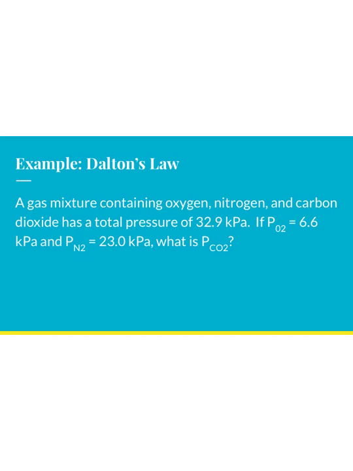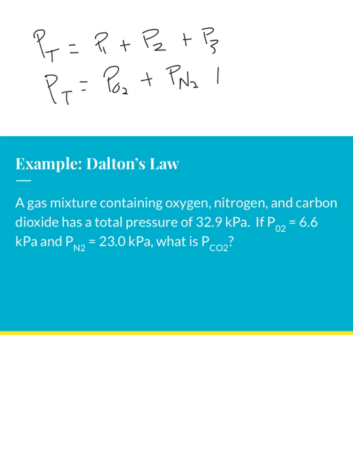Okay, so here all I'm going to do is, I know that my pressure total is equal to my P1 plus P2 plus P3. What I want to figure out is the pressure of carbon dioxide. So my pressure total is going to equal my pressure of O2 plus my pressure of N2 plus my pressure of CO2.